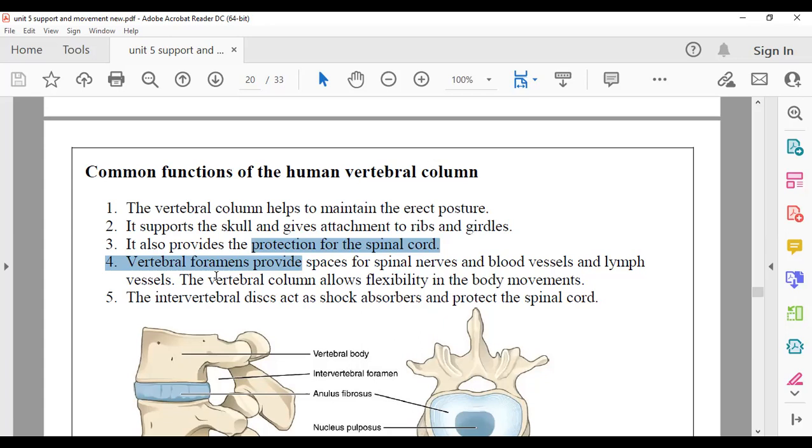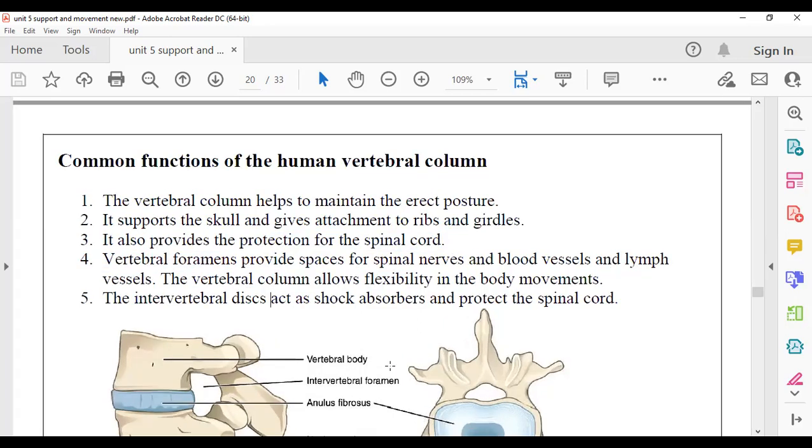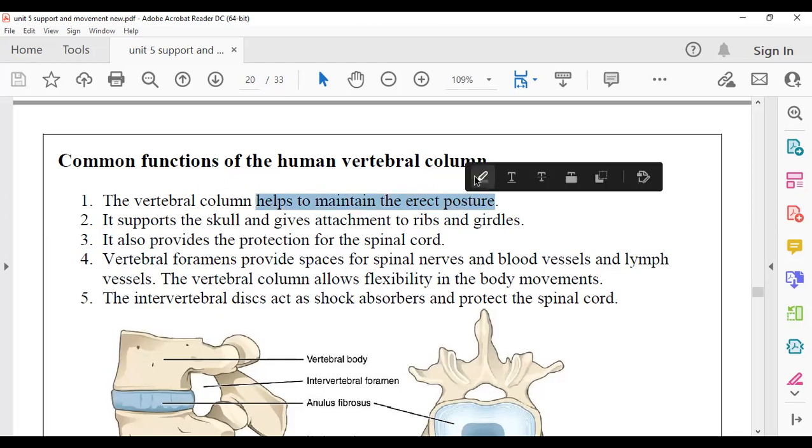If you take the human vertebral column, it is helping the human to maintain an erect posture. Erect posture is very important.